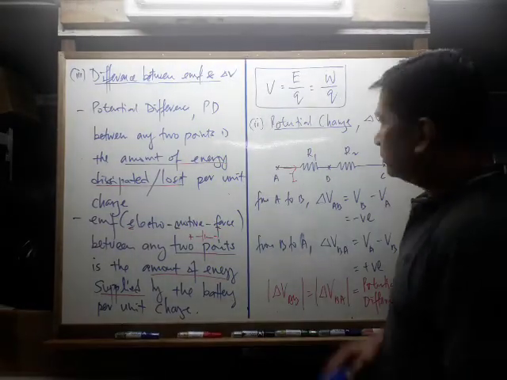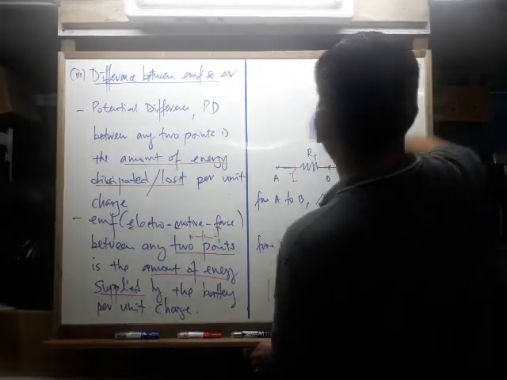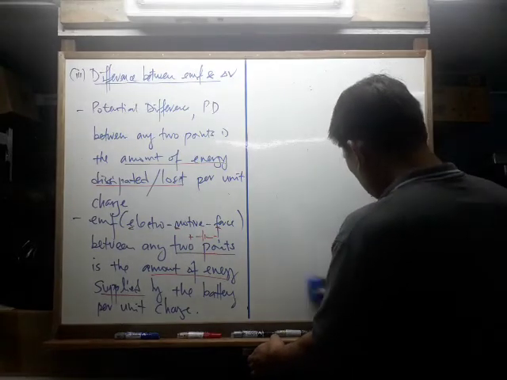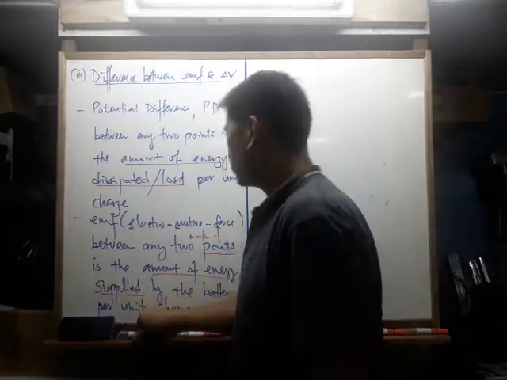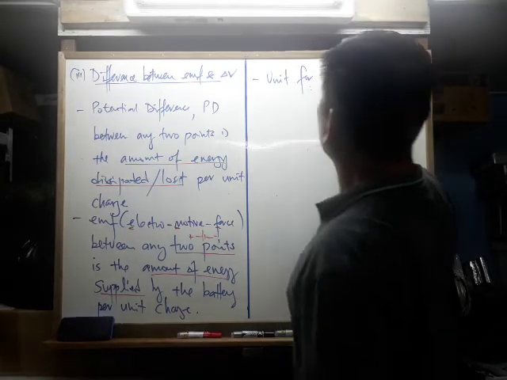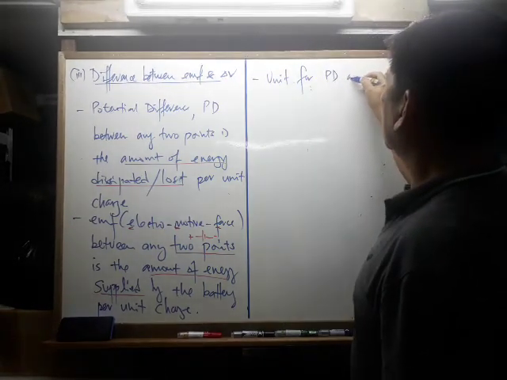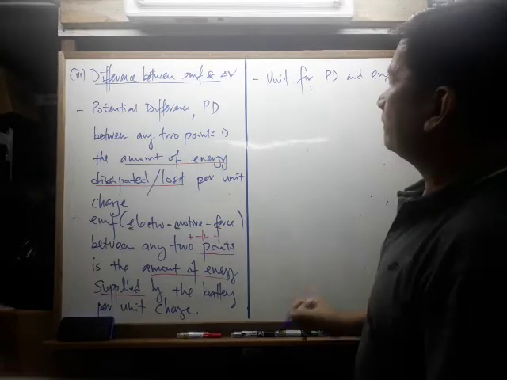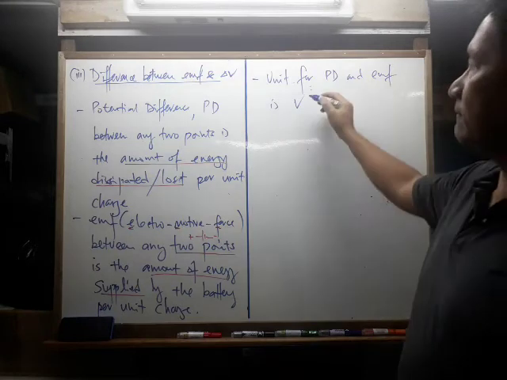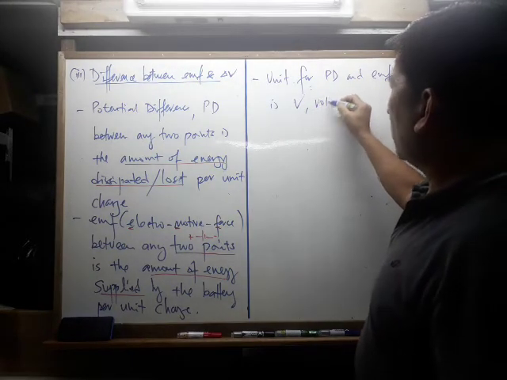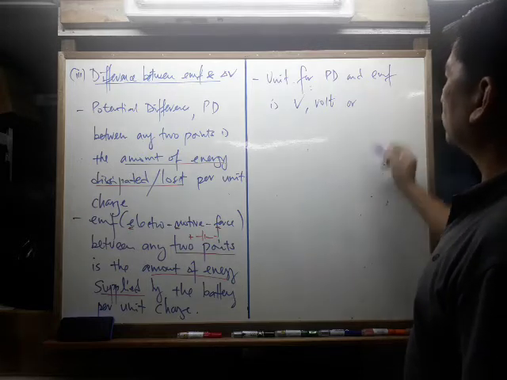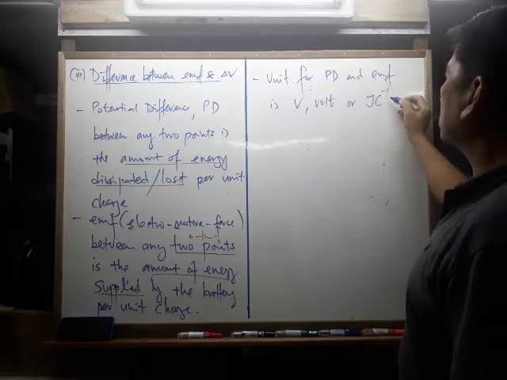Lastly, the units for potential difference and EMF are both the same. The unit is volt, V, which is equal to joule per coulomb.